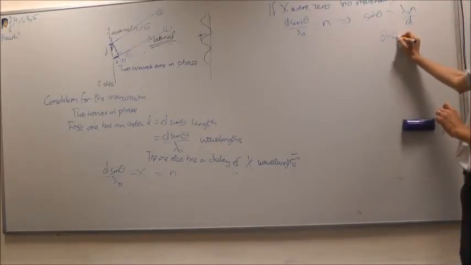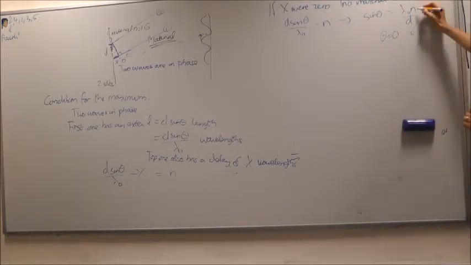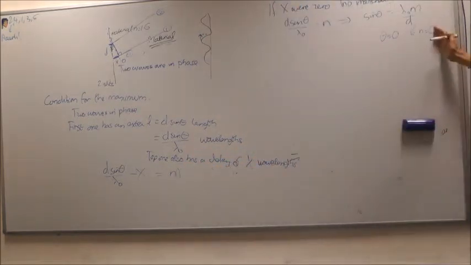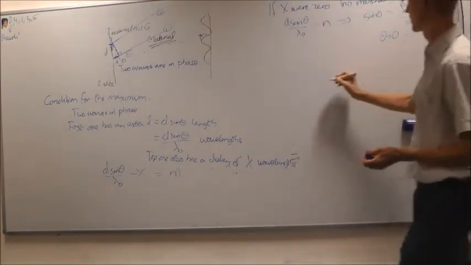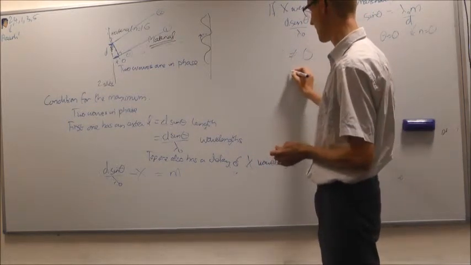Theta equals 0 if n equals 0, make it m again. That's what we had before, the normal case. X not equal to 0. Now we've got a delay.